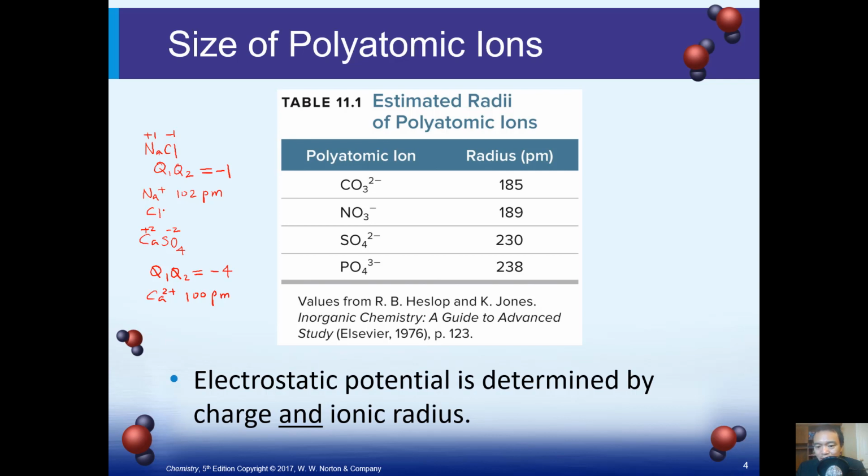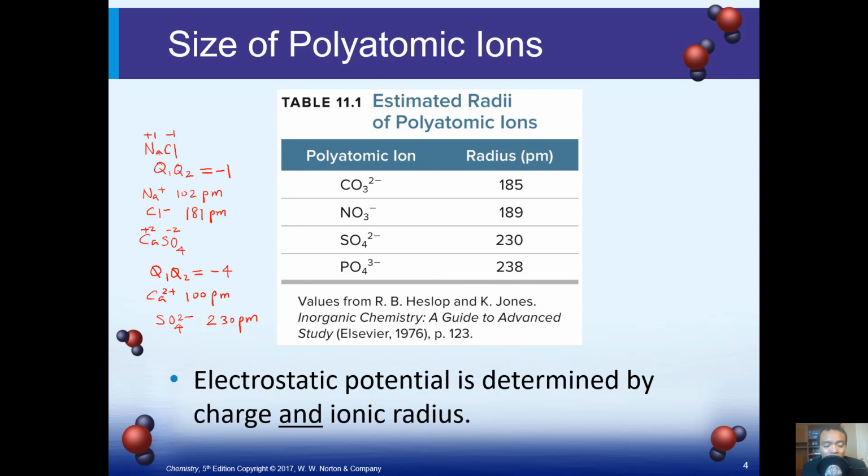When you look at chloride, the radius is 181 picometers, which is slightly smaller than sulfate. The radius for sulfate is 230 picometers. According to the information we have here, the d, or the distance between the cation and the anion for calcium sulfate, is slightly bigger.